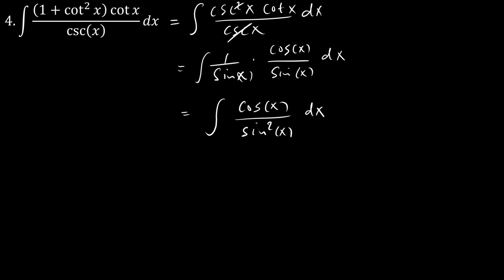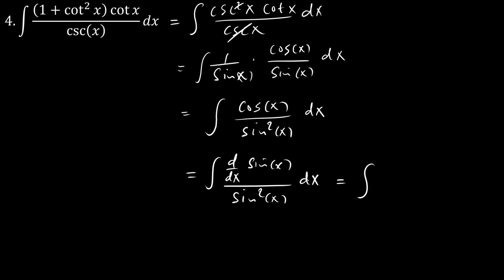So this is an interesting problem because cosine of x is the same as the derivative of sine of x. Okay, and what we are seeing here is that this is the same as the derivative of negative 1 over sine of x.